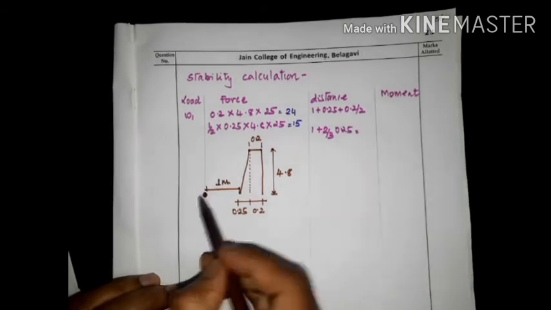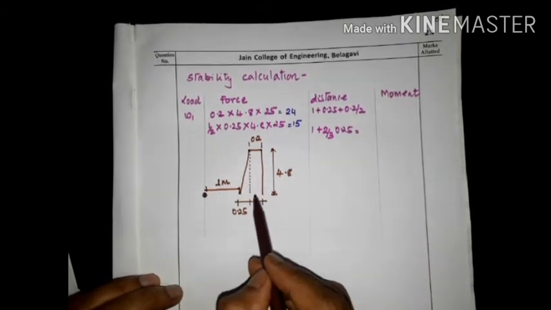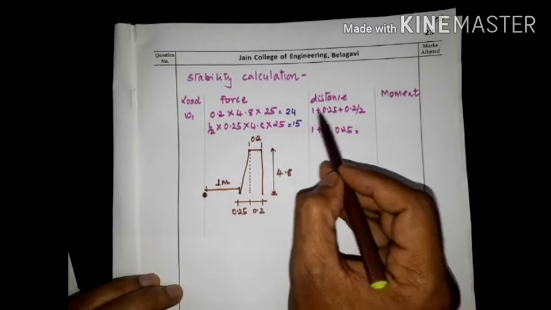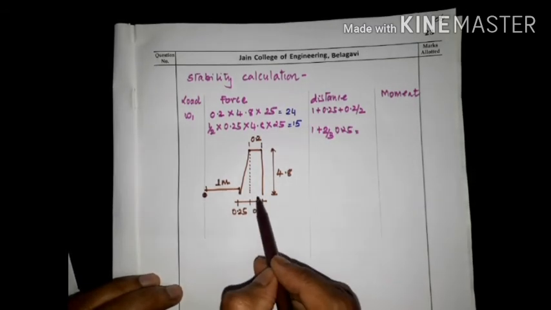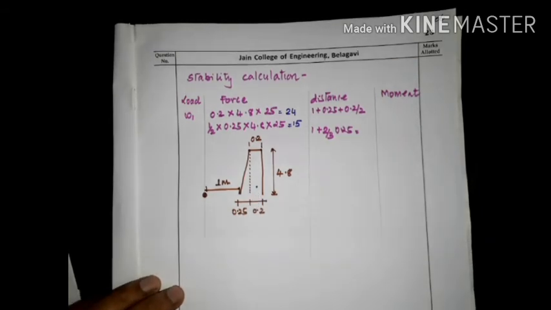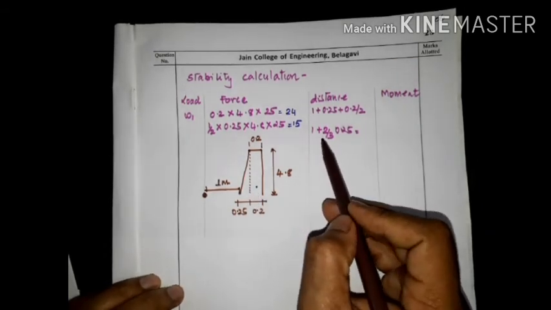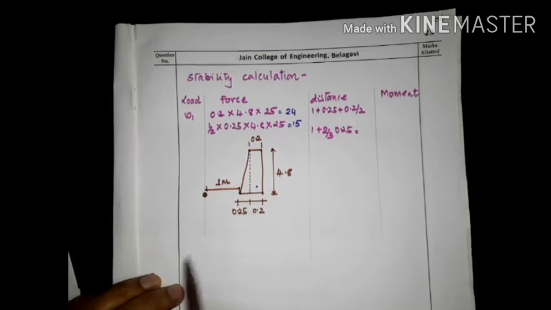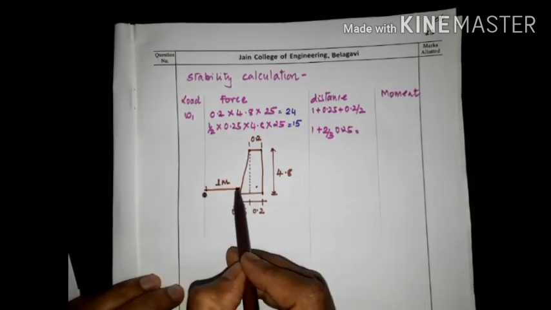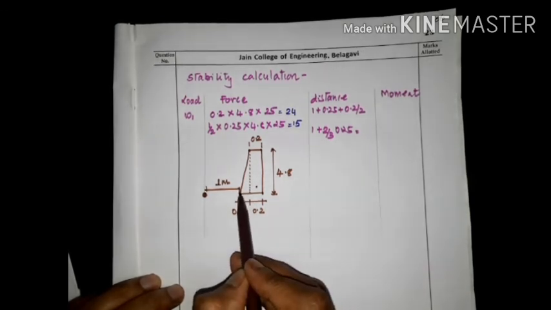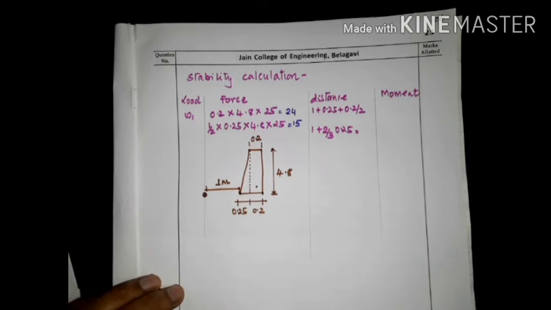So distance from this, for rectangular portion, is 1 meter plus 0.25 plus 0.2 by 2, as the CG will be somewhere here. And for triangular portion it is 1 plus 2/3 of 0.25, because from apex it is 2/3 of 0.25.